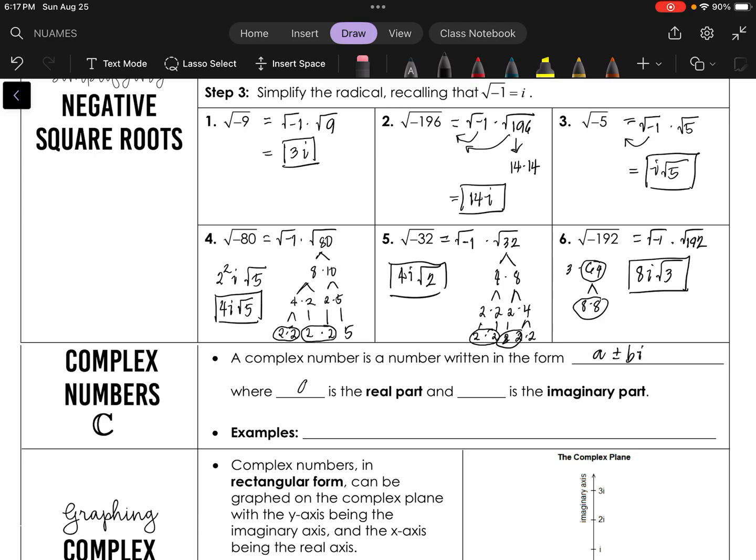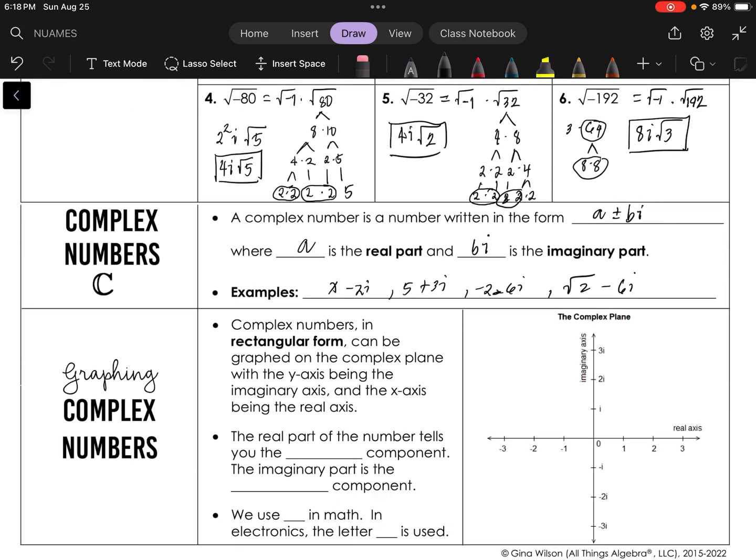Where a is the real part, and bi is the imaginary part. So some examples would be x minus 2i, 5 plus 3i. You could also have negative 2 minus 6i. I could have square root of 2. Even if that's irrational, we know that an irrational is also real. So you could end up having that kind of complex number.